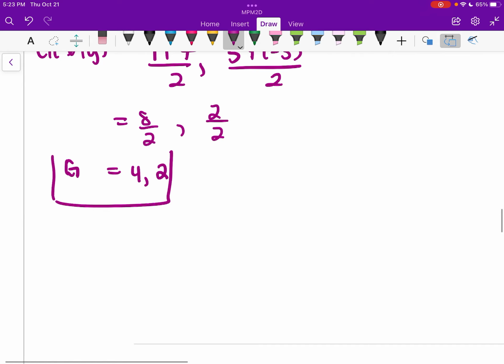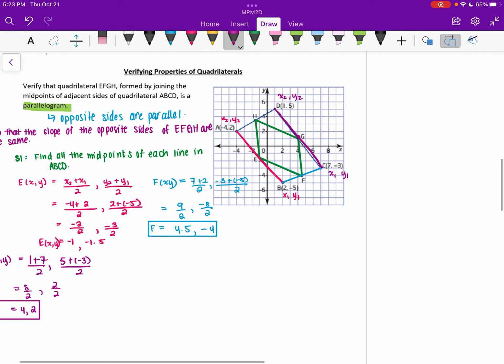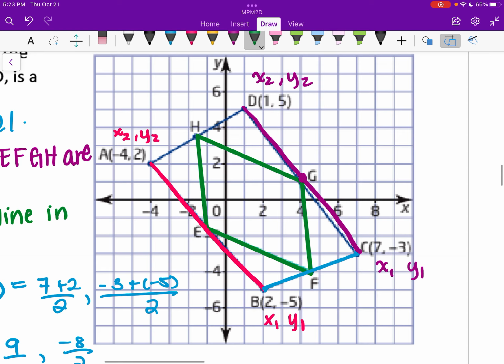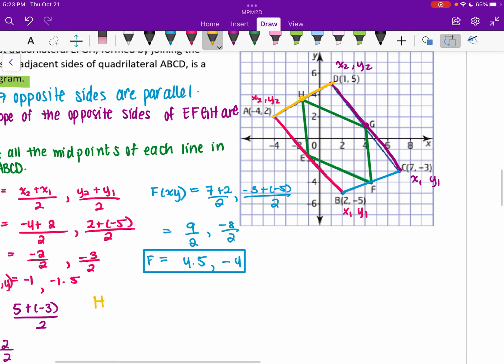I'm just going to go and find all my midpoints so that I have something to work with for their slopes. And then last but not least, we're going to look for H. So H goes from here to here, so it's between A and D. So let's find the midpoint between A and D. So maybe I'll make this one x1, y1.